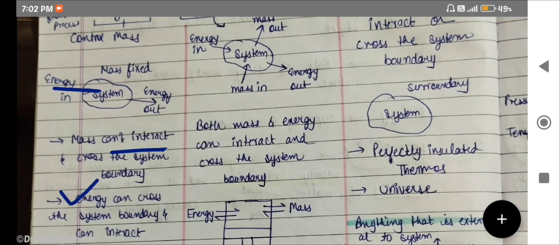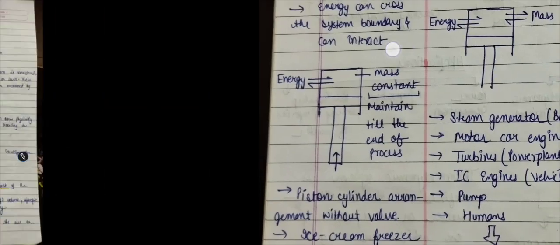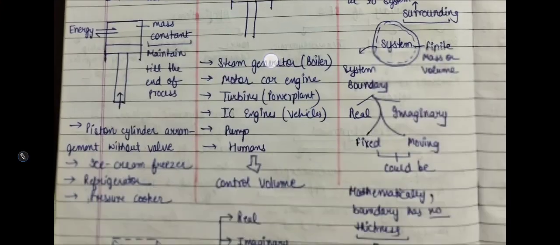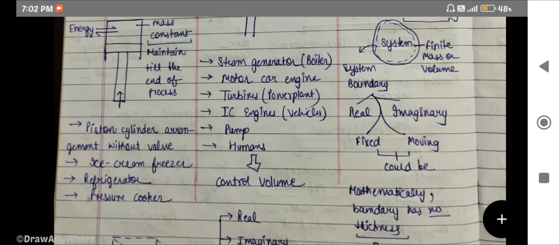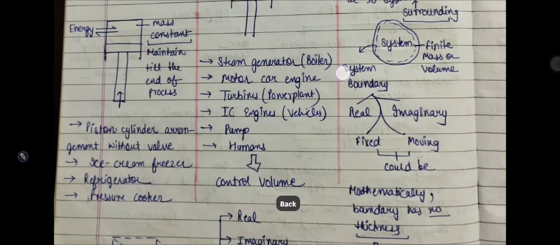Only energy is able to cross the system boundary, as we can understand from this diagram of a piston cylinder with no valve. Energy can enter and exit, but mass remains constant until the end of the process. Some examples are an ice cream freezer, refrigerator and pressure cooker.